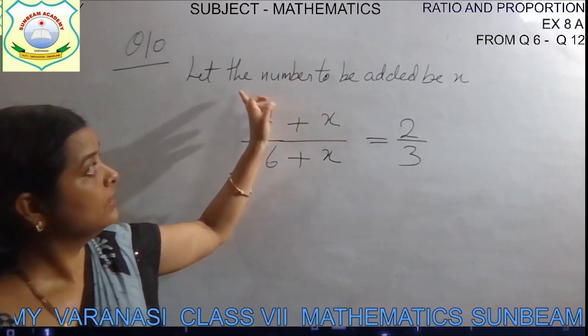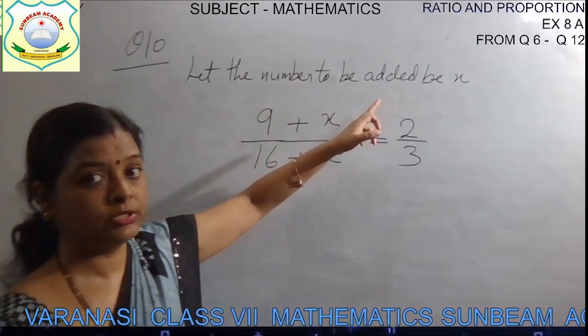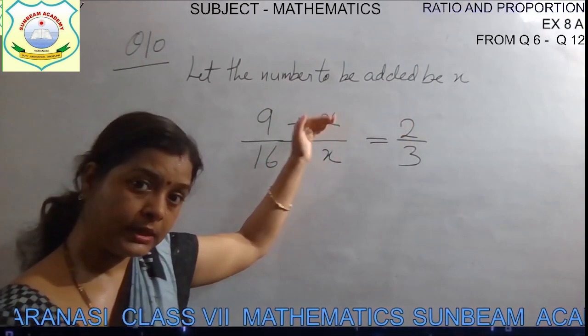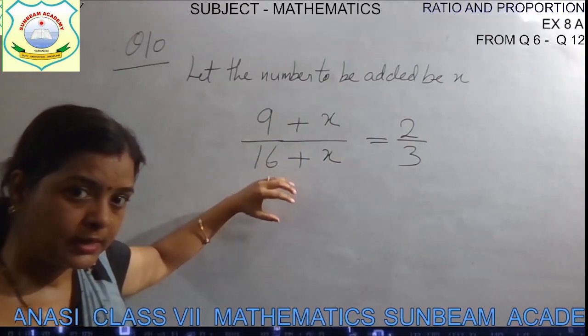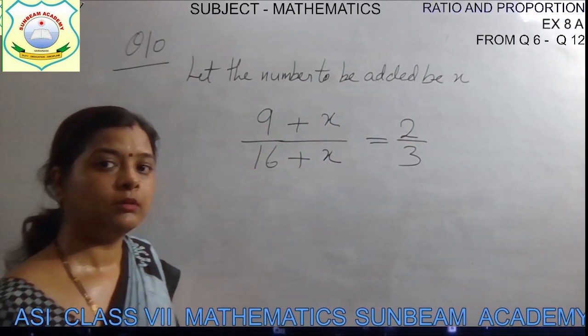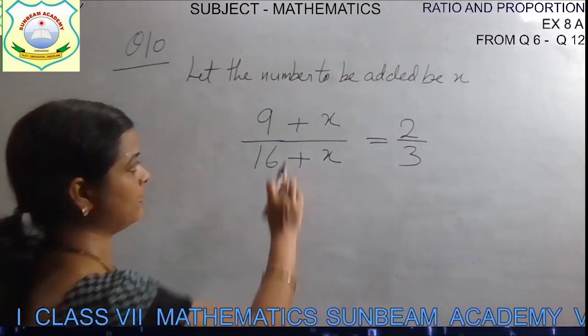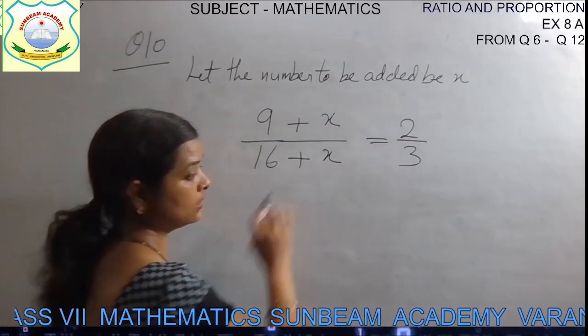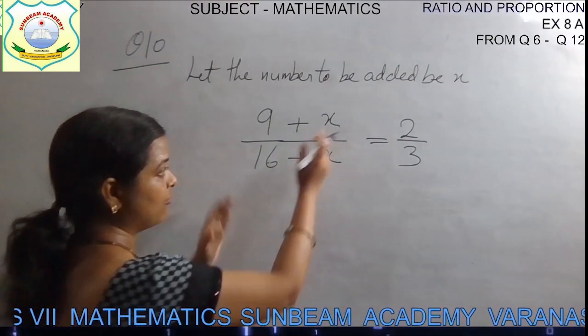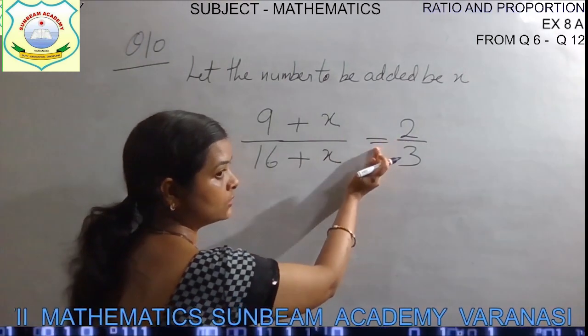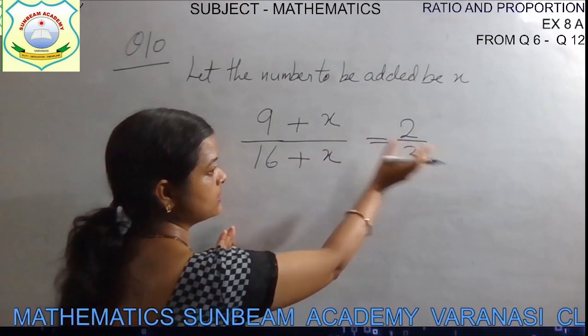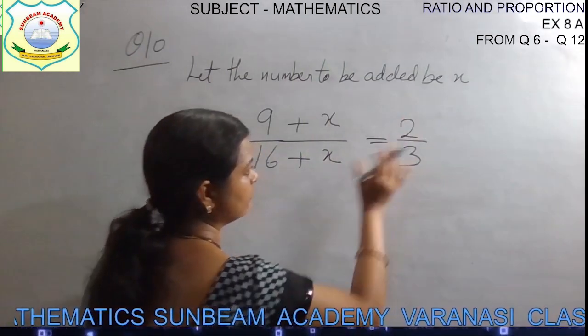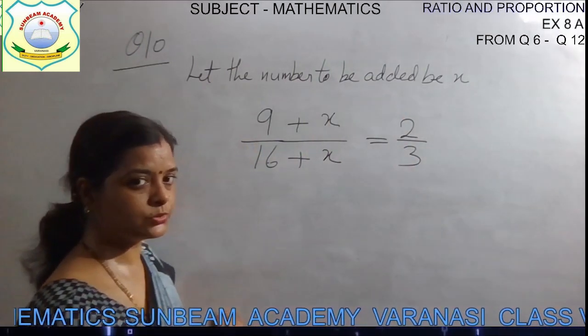So let the number to be added in both terms, in the first term as well as in the second term, be x. So I am adding the same number in the antecedent and in the consequent. After adding, what will I get? It will be 2/3, 2:3.